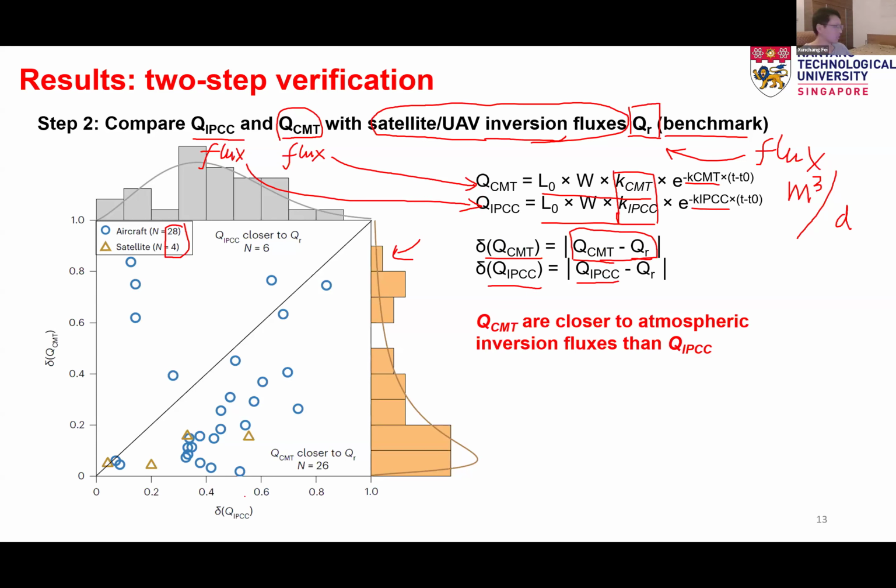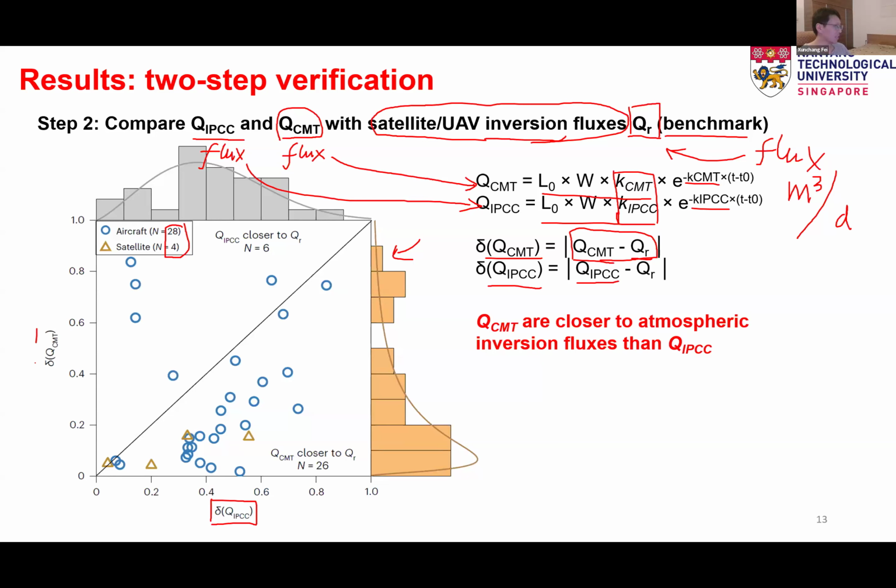So on the x-axis, we have this delta Q IPCC, meaning that if we use IPCC's method to estimate flux from this landfill, what's the error between the IPCC estimation and the satellite measurement? So this is the x-axis, delta IPCC.